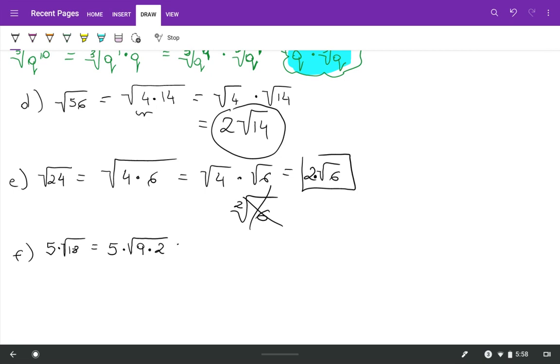So we have 5 times, and here we're using the product property, square root of 9 times square root of 2. And that will give us 5 times square root of 9, which is 3. Square root of 2 is irrational, so we just copy square root of 2. And now you will just multiply numbers together. So 5 times 3 will give you 15 square root of 2. Okay.